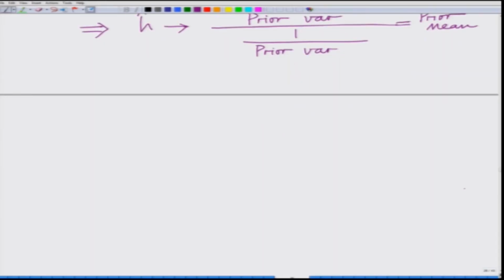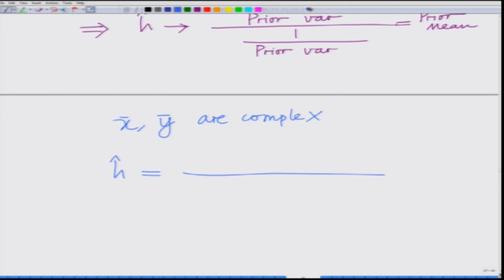And now another small point, what do we do when the quantities x bar, y bar and h are complex quantities, when x bar comma y bar are complex? What do we do in this scenario? Then the MMSE estimate h hat is also going to be complex. All we have to do is replace the transpose by the Hermitian.